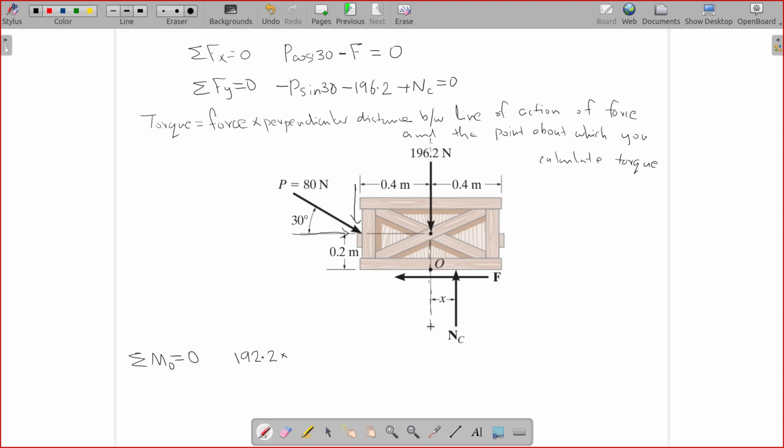This vertical line is the line of action of this force, and that is passing through O. So what is the distance between this line and O? That is 0, right? That is 0.